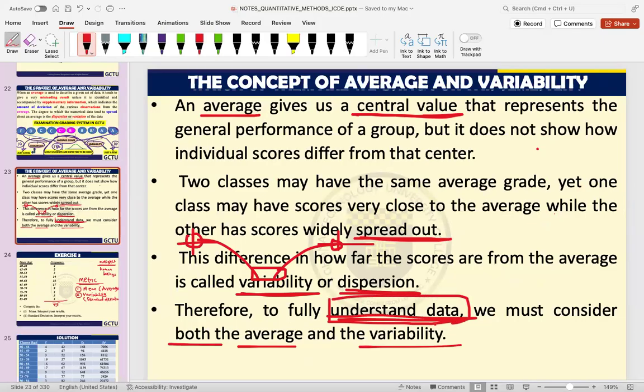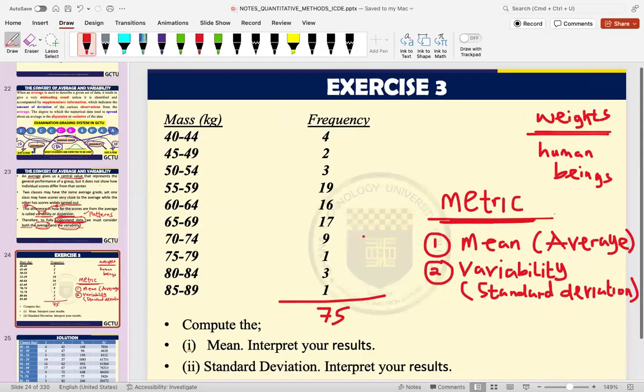Anytime you want to understand the patterns of data, the trends of data, these two pieces of information are very key. The average and the variability will help you know the pattern. And that's what this question is seeking to do.